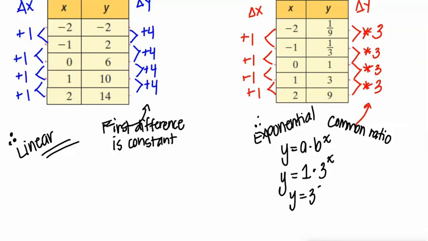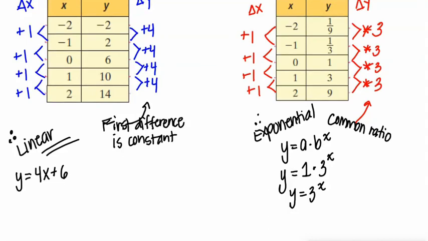Pretty cool. So cool, I'm going to come back over here to the linear model. Y equals, our slope is 4, and our y-intercept is 6. See, so from these two tables, we can actually get our model as an equation.